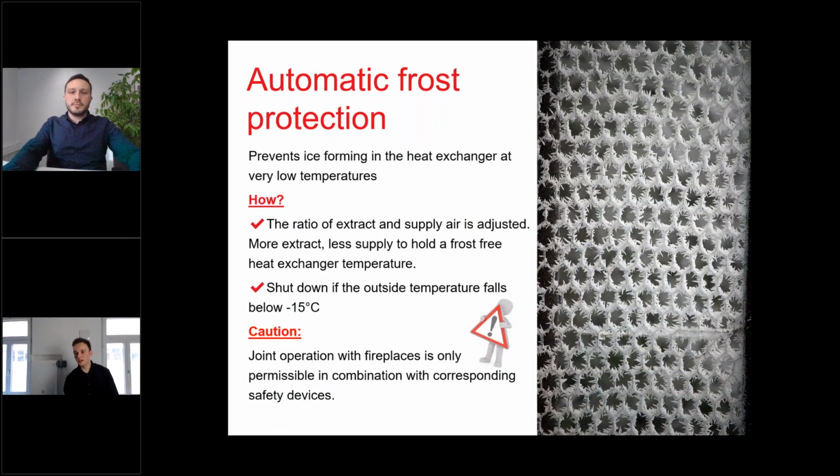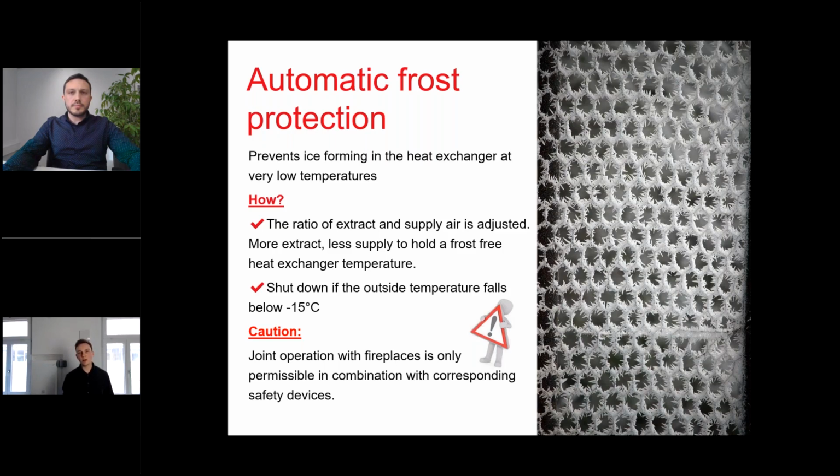We also have automatic frost protection to protect the units from freezing at very low outside temperatures. So all these units are equipped with that automatic frost protection control. As I already said, the unit runs till -5 degrees in a normal mode.